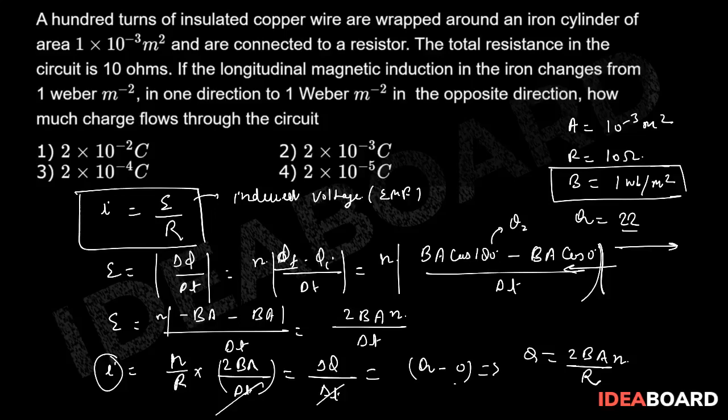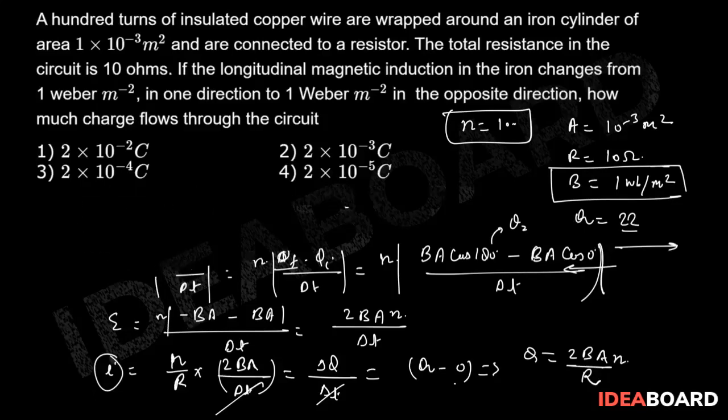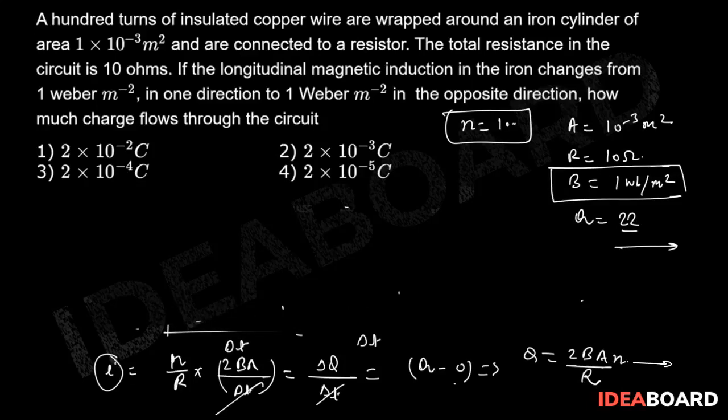Now what do you need? Put the values. n was 100, so we can use all the data now. Let us remove this segment because we already got the expression. Now using this expression, put all the data in.